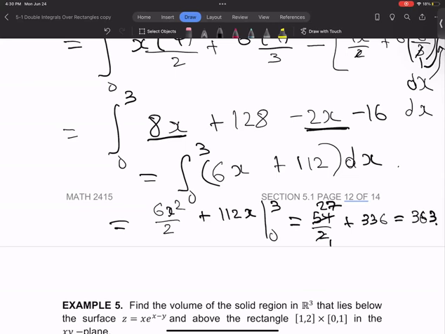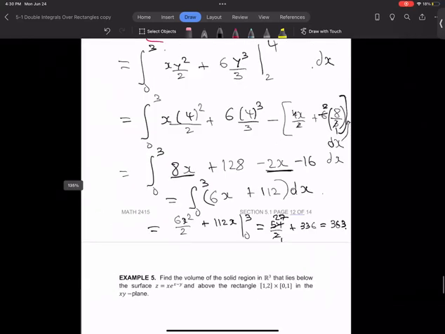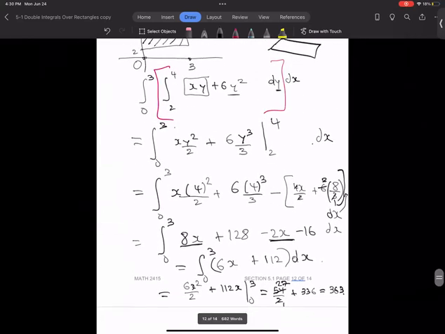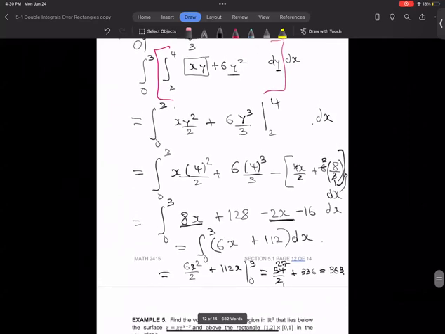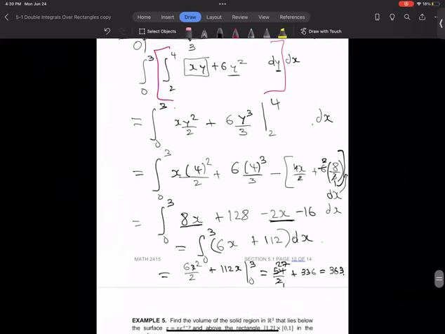That's the volume. So there you go, you got the first double integral. Okay? Any questions?